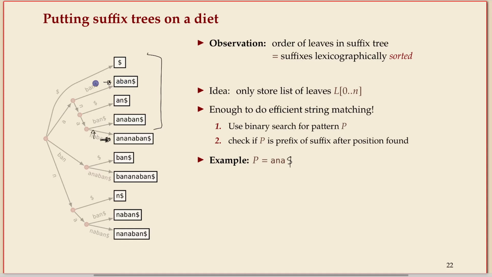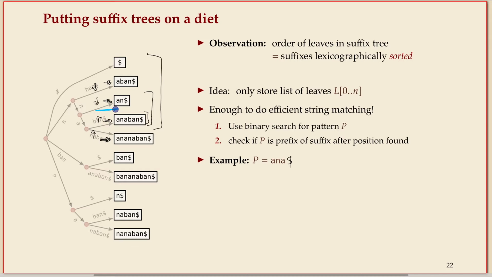So I was talking gibberish. This one comes before Anna. So we narrowed it down to these two. I would compare with this one, and dollar comes before. So I would narrow it down to this one. Then I compare with that one, and Anna stops early, so I would go up. So I found the insertion position here. That's where Anna would have been inserted if I wanted to include it in this list. That's what binary search gives you.